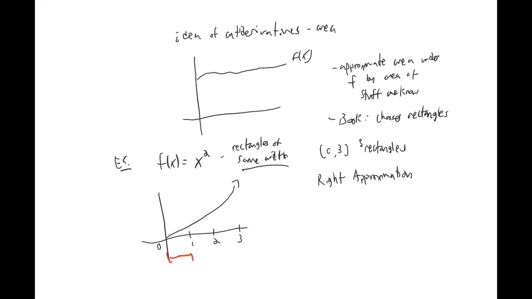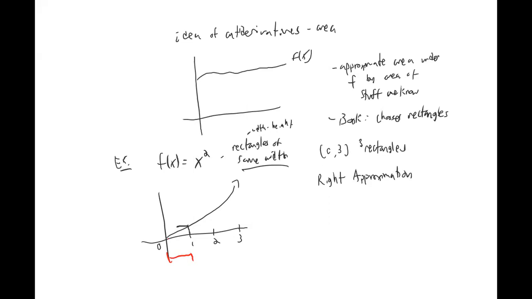So we use the right endpoint for the height, because for rectangles you need width times height. What height do we take? We take f of 1, the height at the right endpoint, 1.